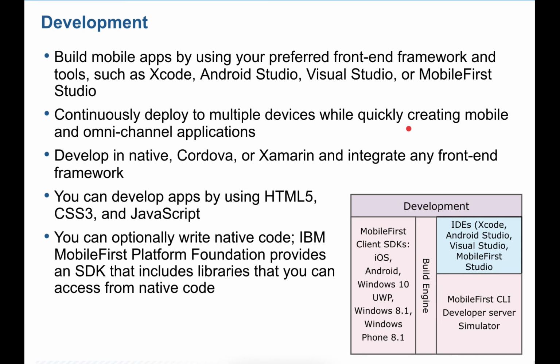Develop in native, Cordova, Xamarin, or integrate any front-end framework, anything you can use. You can develop an application by just using HTML, CSS, and JavaScript. You can optionally write native code. IBM Mobile First Foundation provides the SDK for accessing all the libraries from native code. You can do all those things. So this is part of development.